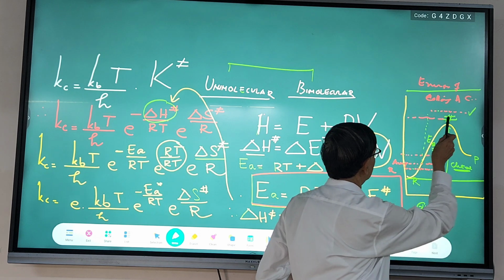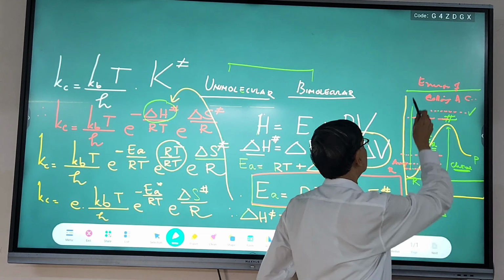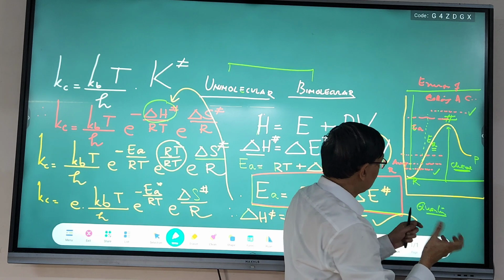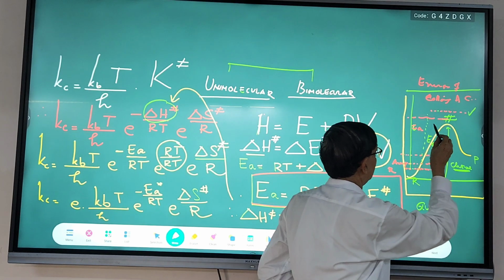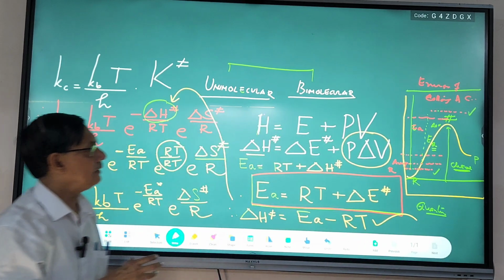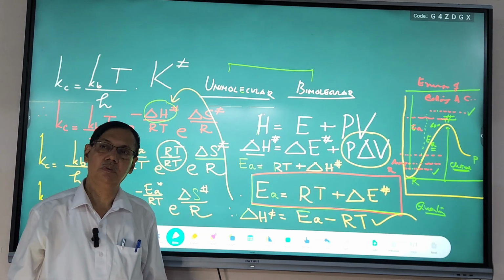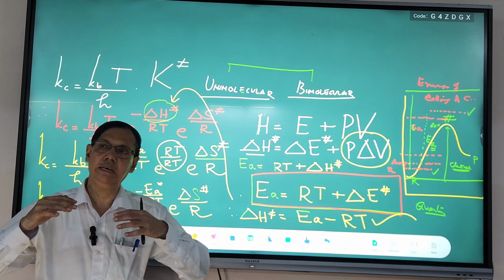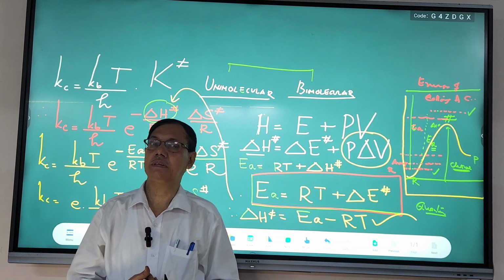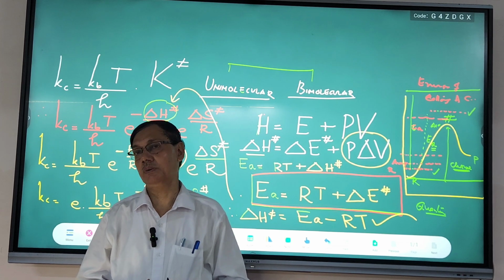The difference between the average molecules and the colliding molecules you can call delta H and delta E. So by that graph, Henry Eyring tried to solve the difference between this Ea, RT and delta H. But ultimately, when we get promoted to the second semester, there is a very important theory called RRKM theory.